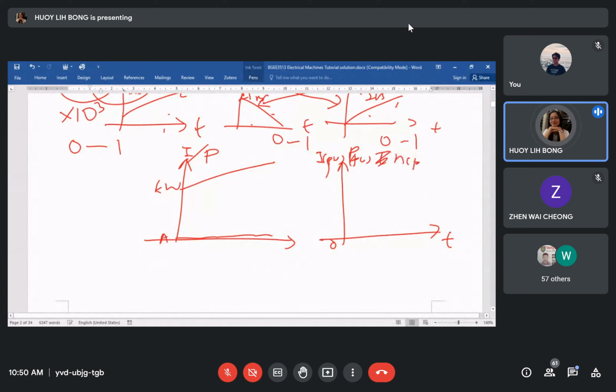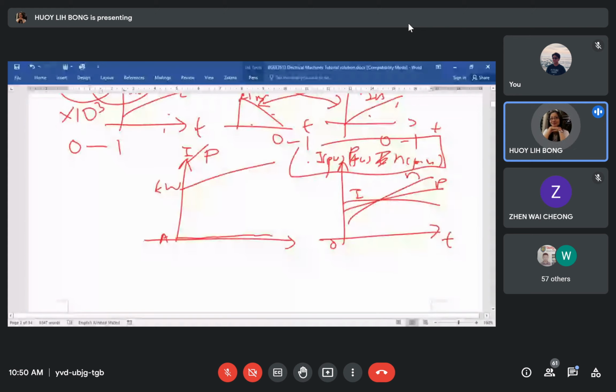So all of this, you can see the relationship of the current, the power, the speed, let's say. So you can see how they relate to each other using one graph. Okay, this is the use of it.